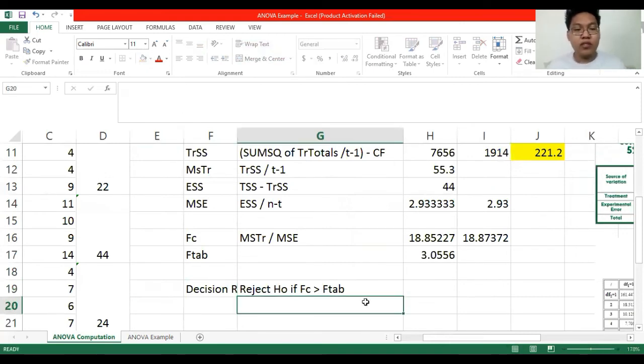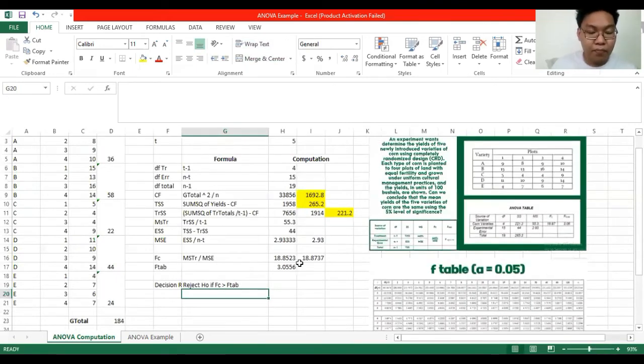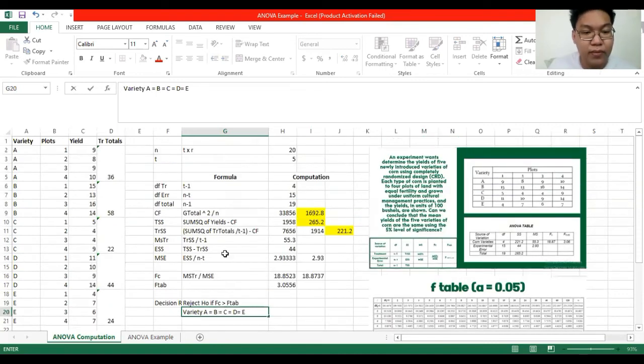So when we say reject H0, the null hypothesis states that all of these varieties of corn, all of your treatments, are equal, are the same. That is our null hypothesis. Like for example, variety A is not different from variety B, and it is not different from variety C, variety D, or variety E, when it comes to the yield. That is the claim of your null hypothesis.